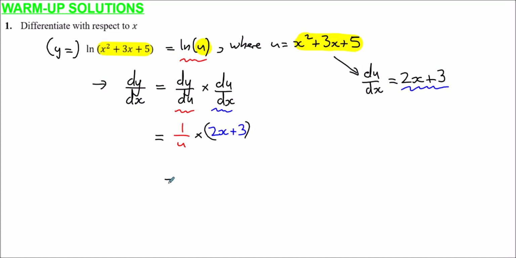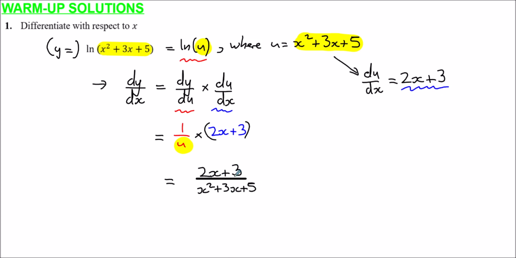So that'll give us 2x plus 3 all over u, and then if we recall what u actually was, we can piece this back in. Of course u is x squared plus 3x plus 5, so pop that back in, we have our solution. So the derivative is 2x plus 3 all over x squared plus 3x plus 5.